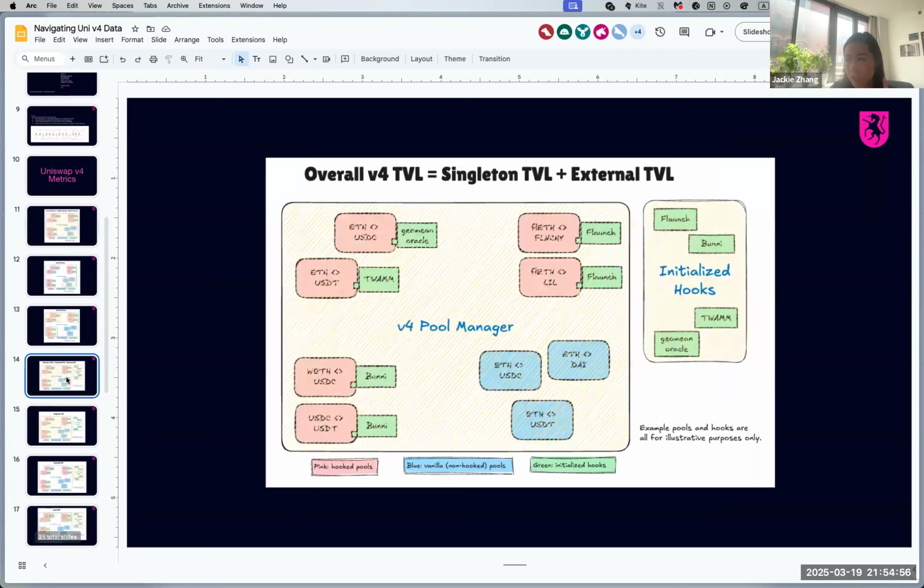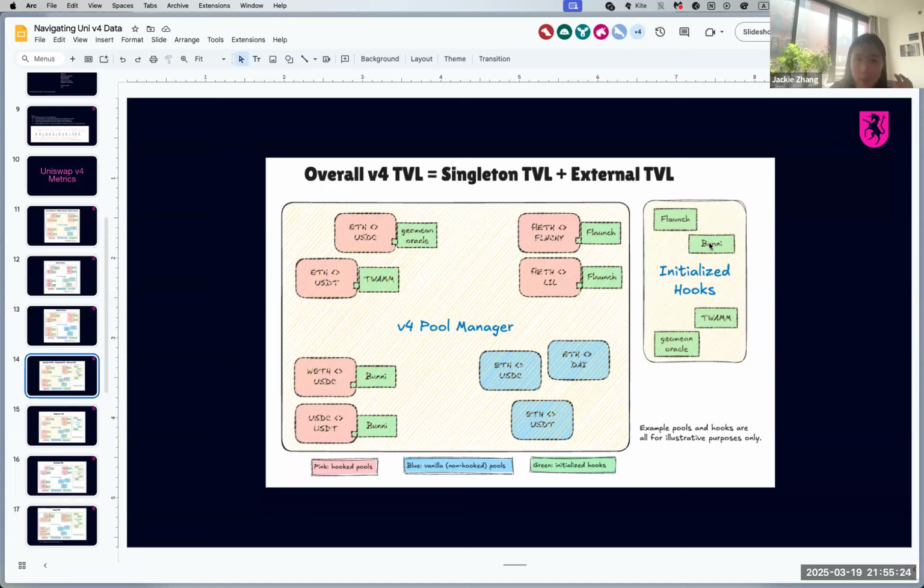And then moving on to the TVL side of things. So the overall V4 TVL, sort of similar to the volume, is actually two parts. It's the TVL, the liquidity that's being locked in the singleton pool manager contract, as well as the external TVL that's locked in the hooks.